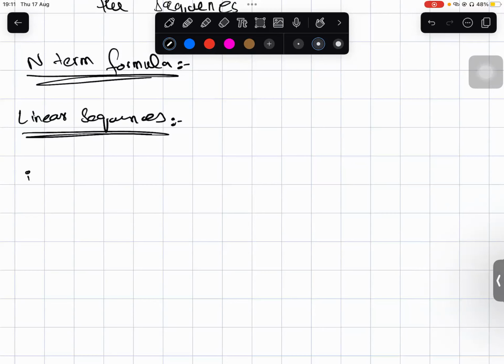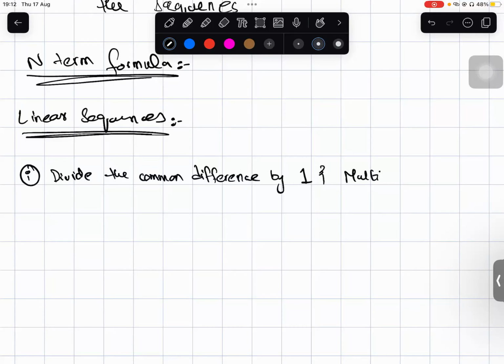The first one is that you'd divide the common difference by 1 and multiply by n. Okay, so this would be the first step.